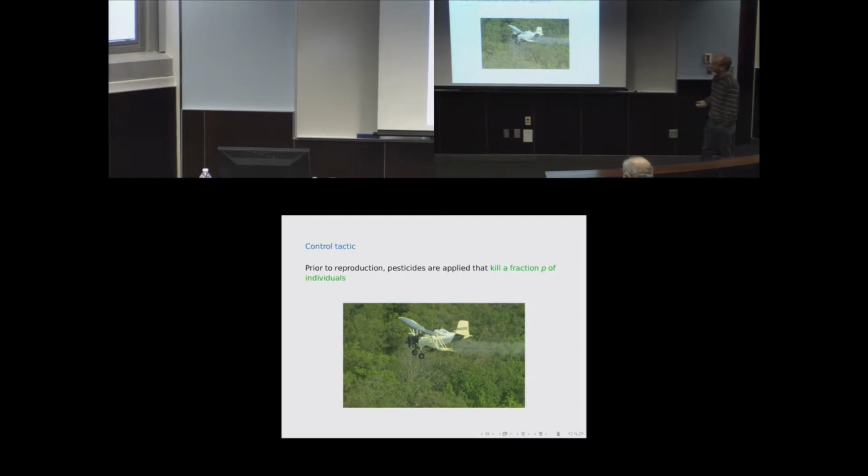For simplicity, we use a very simple control tactic, which is application of pesticides, in a way that pesticides are sprayed over the area, and we assume that the pesticides kill a fraction of the population. So let P be the fraction of the population which is killed by using the pesticides.